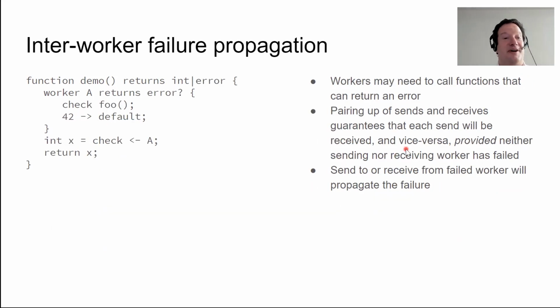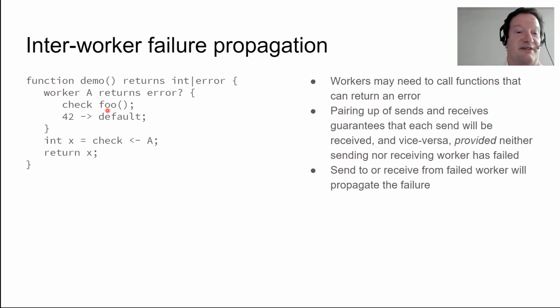When you're writing a real function, something may go wrong. In worker A, I may need to call some function foo, and that may return an error, or anything may panic. So when you're pairing up sends and receives, that's pairing up on the assumption that the worker didn't panic and didn't fail, so didn't have a check fail.